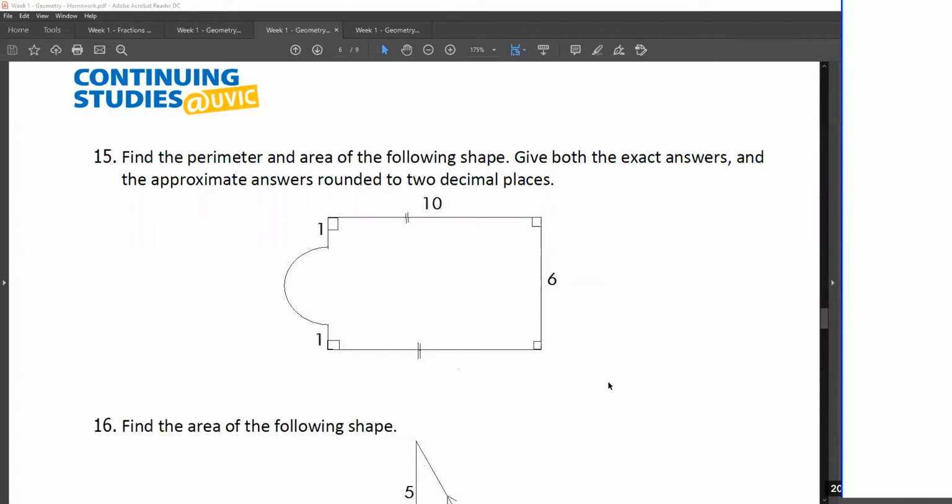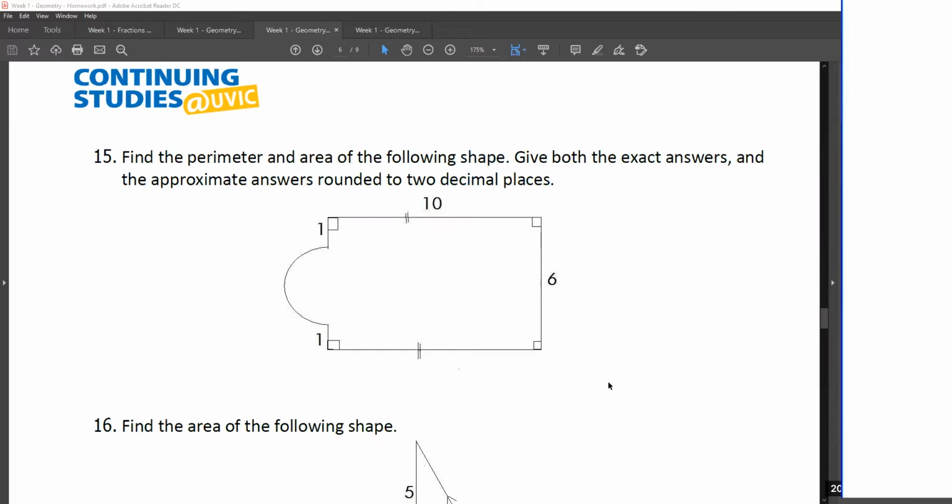Okay, so we're going to take, oops, you can't see what I'm looking at. Let me try that again. We're going to try taking a look at this question here. Question number 15, find the perimeter and area of the following shape. Give both exact answers and the approximate answers rounded to 2 decimal places.